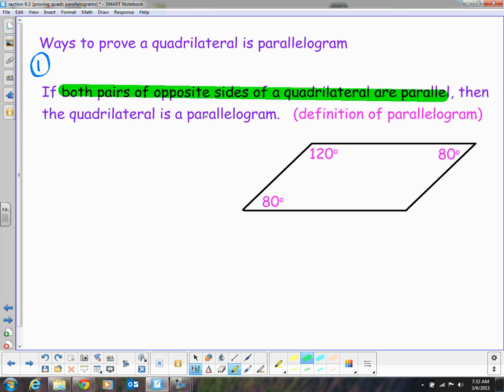Then the quadrilateral is a parallelogram. If both pairs of opposite sides of a quadrilateral are parallel, this you have to show. Then you can conclude.